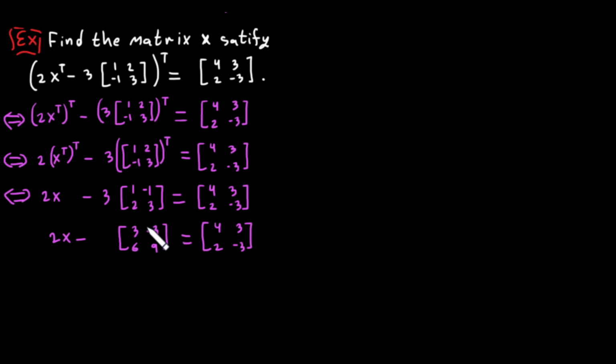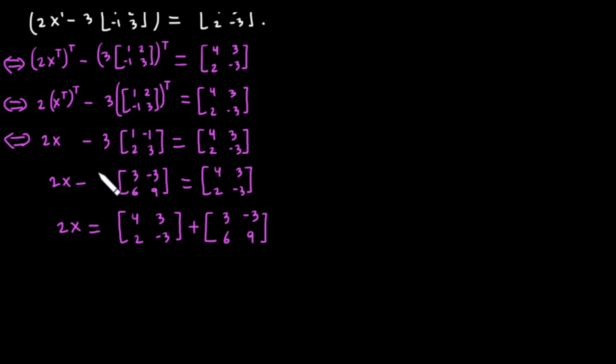Now I will take this side to there. So it will become like this, 2X equal this, 4, 3, 2, negative 3, plus this side, because here it is minus, it will go to the other side here. So it will become like this, 3, negative 3, 6, 9. Let's go a little bit down.